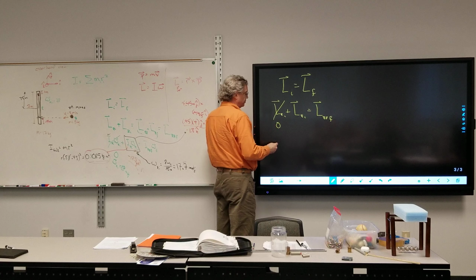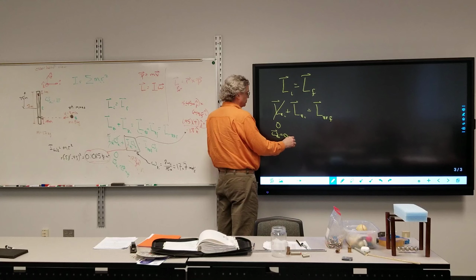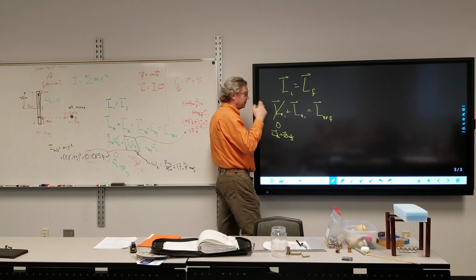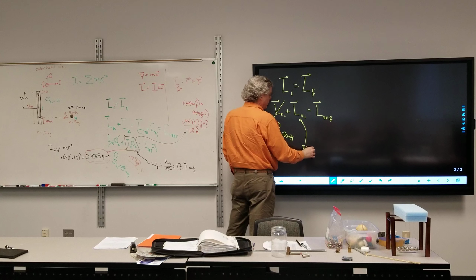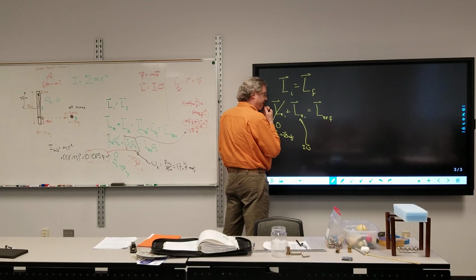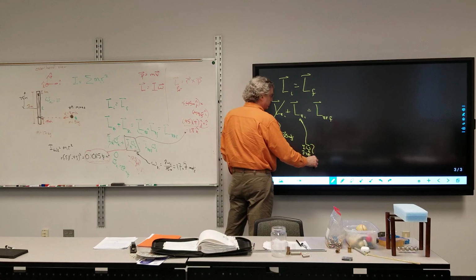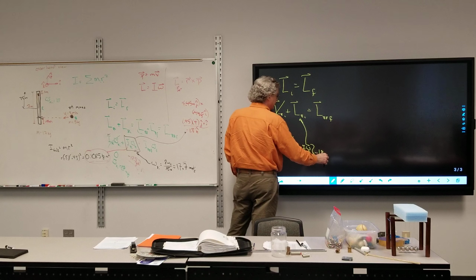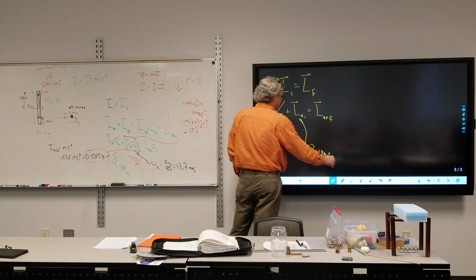This is 0 because omega initial for the rod is 0. Negative 1.8. Yes. This, we found two different ways. We found using I omega and found with r cross p. Both of them produce the result of negative 1.8 kilogram meters squared per second, k hat.